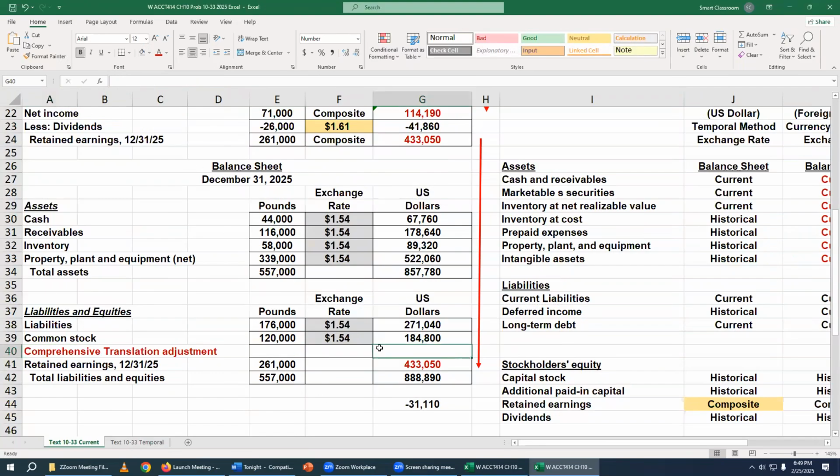Translation adjustment would be 31, a negative would be a loss. Negative 31,110. So that would be shown as a line item on the balance sheet. And again, this could go up or down in any given year.